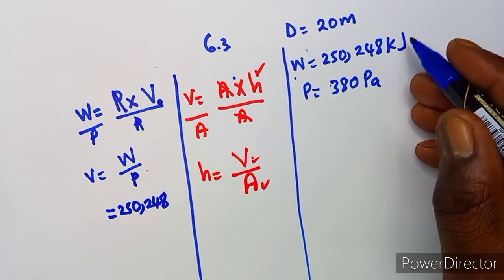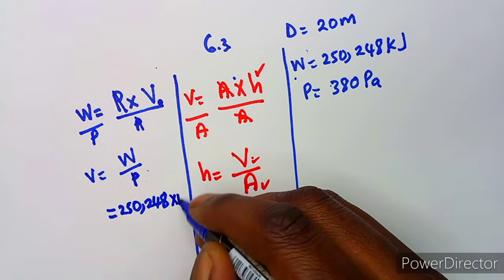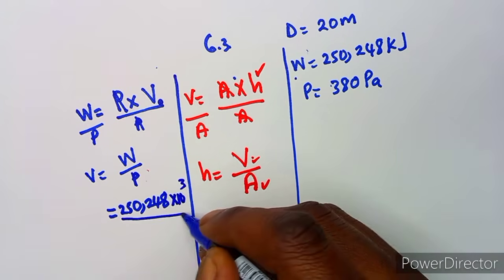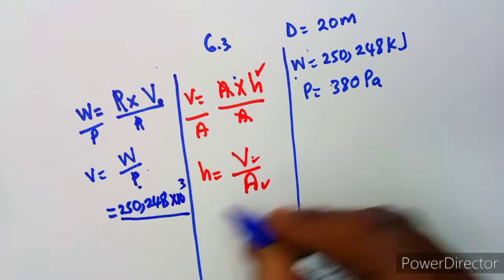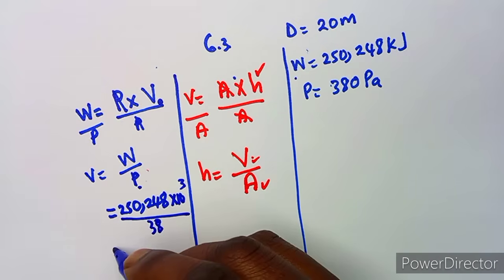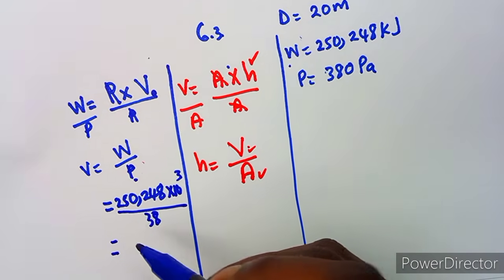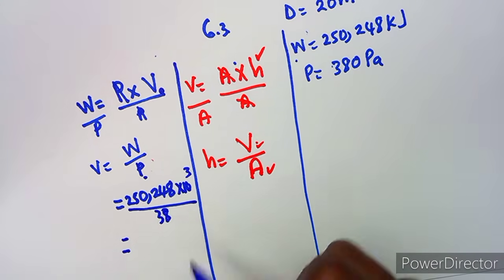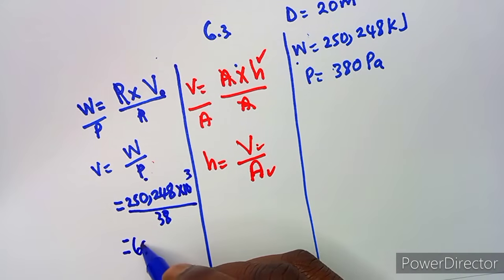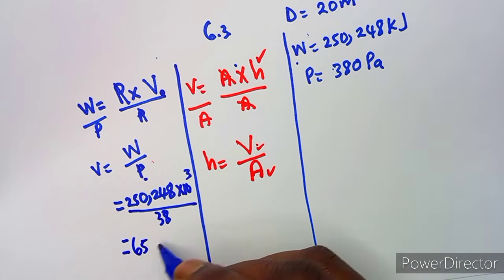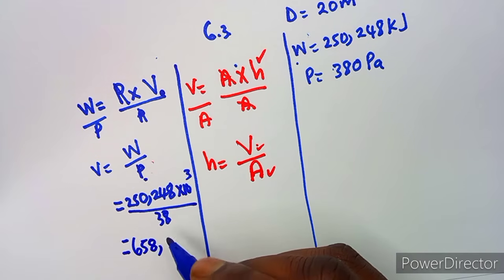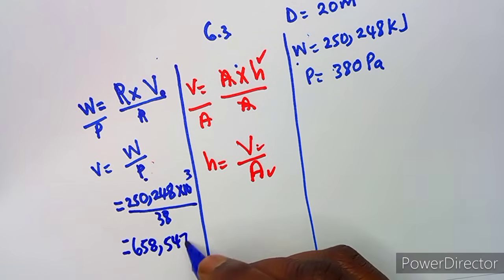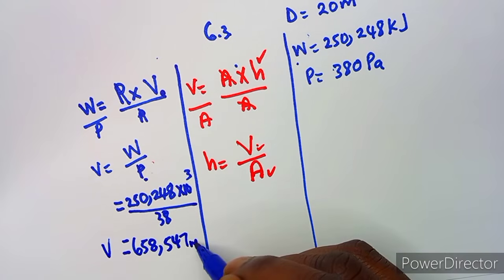Kilo means times 10 to the exponent of 3, or times 1000. So you multiply by 1000 over the pressure that you are given of 380. So we shall have our volume in this case, which is 658.5473 and so forth. This is your volume in cubic meters.